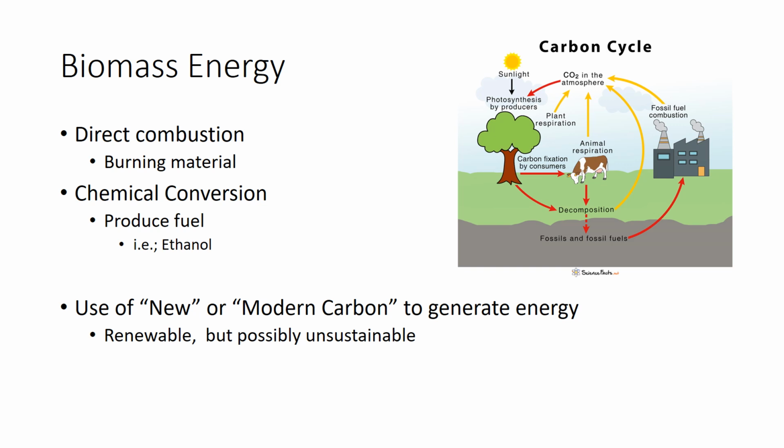It was in the atmosphere and now it's not in the atmosphere, but it happened relatively recently, as opposed to fossil fuel carbon, which is considered old carbon because it takes so long to get there. And so it's considered a little better for the environment because we're not really adding to the carbon cycle. We're not reducing our carbon sinks. It's just kind of quick carbon or modern carbon.